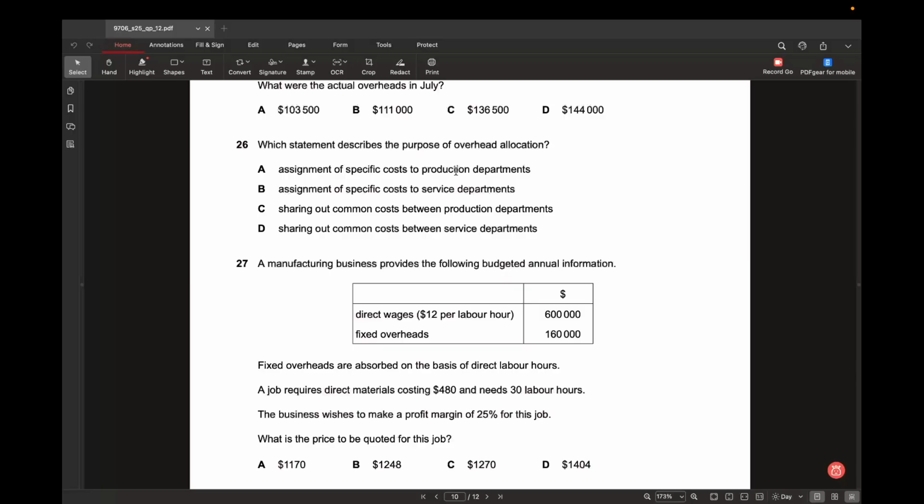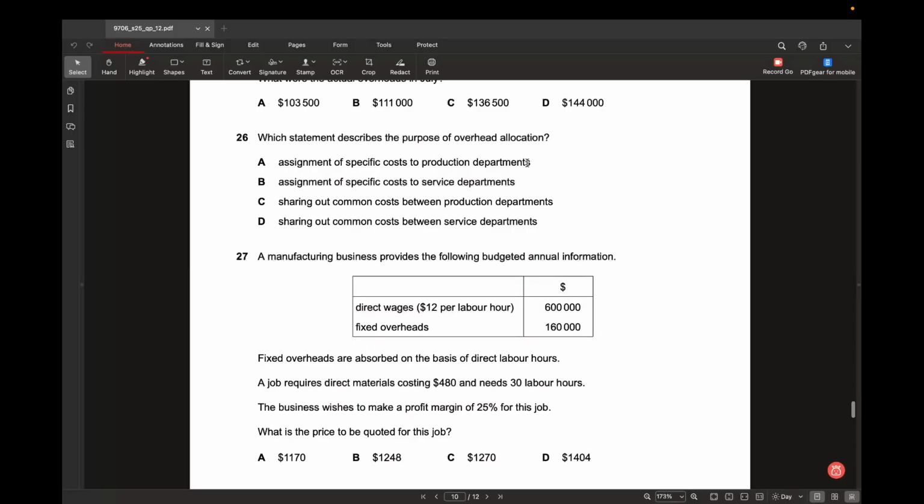The reason why we are doing this is so that we can pass on these overhead costs to the product. Product will be made only in production departments. So the main reason why we are allocating the overhead is assignment of specific cost to production departments, so that this cost can be transferred to the product.